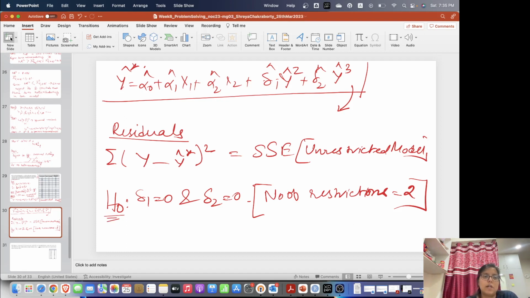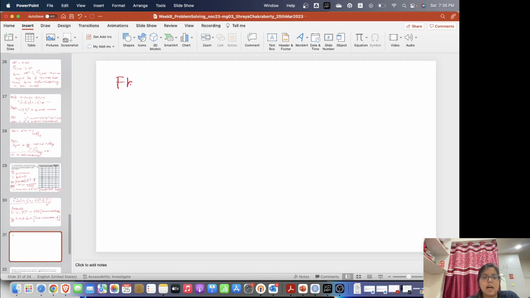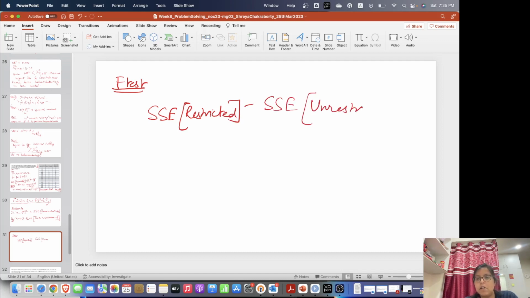Now as we know, for the F test, we take the sum of squares error from the restricted model minus the sum of squares error from the unrestricted model.